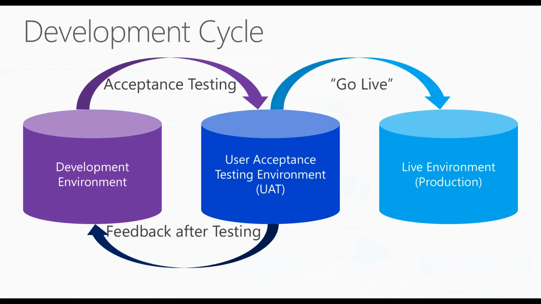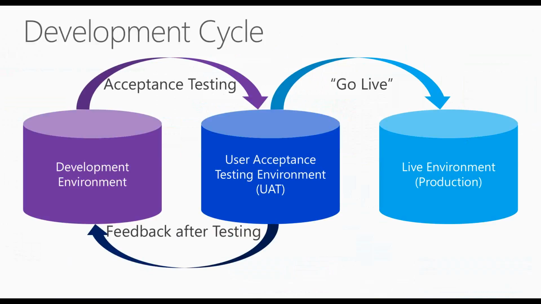So something that applies more to organizations that have a clear development cycle. Some organizations just customize in their live production environment, and that's one way to approach it. It's significantly easier to bump into users, to cause issues, to break things that are disruptive. And so what a lot of companies do is they have a development cycle. They make all their changes in a development environment, and then in many cases have a series of environments that they go through.